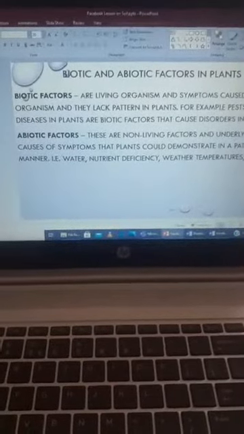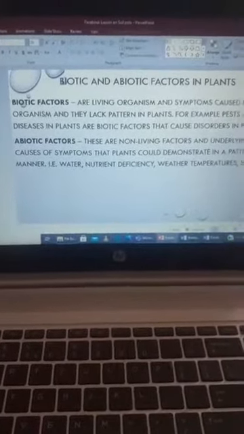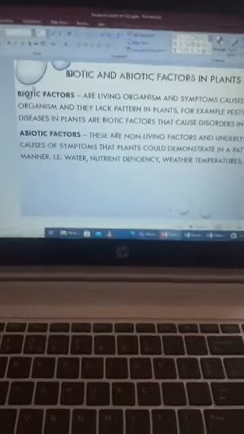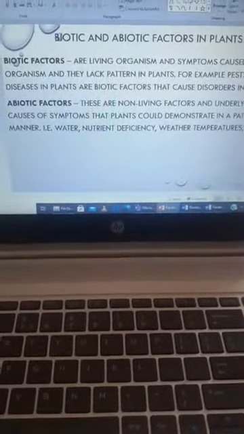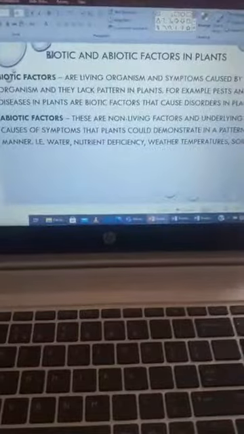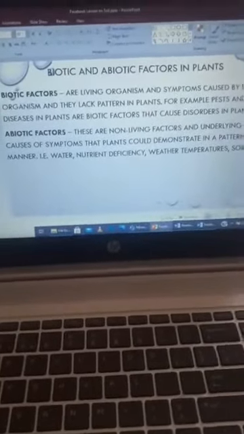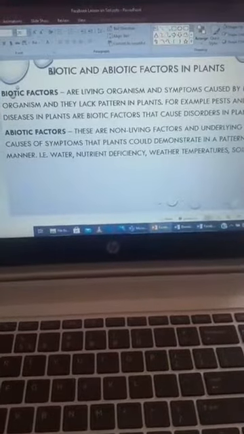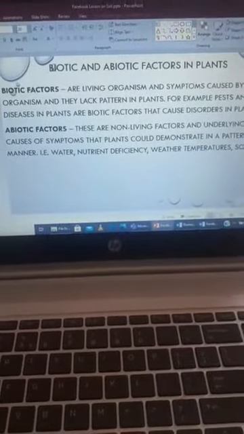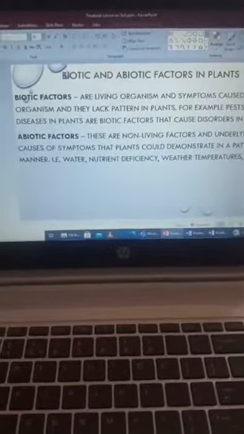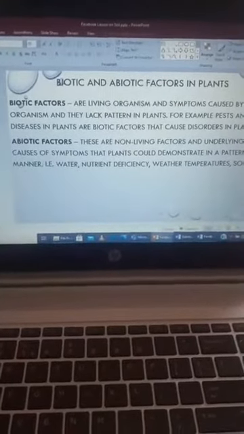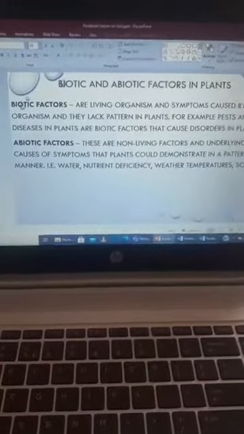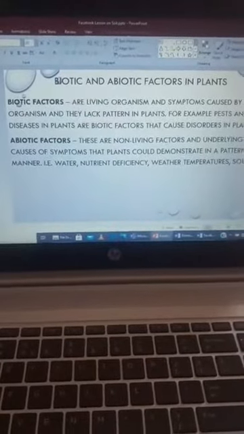Goats, cattle and so on, those are biotic factors. They are living organisms. So when they attack your plant, they won't attack it in a pattern. So when you are standing in your field and looking along a line, maybe you see that this cabbage is eaten, that one is eaten, or that one is brown, and there is no pattern, know that you've got a biotic enemy or a living enemy that is attacking your crop.